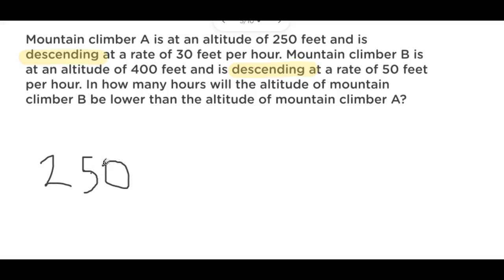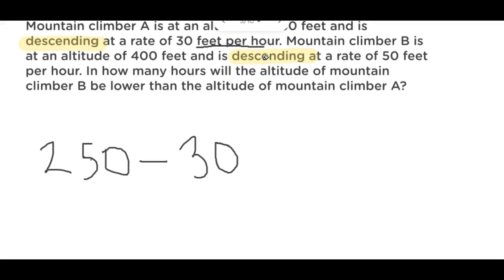250. And he's descending. What does that mean? Is he going up? Nope. Not if he's descending. He's going down. That means we're going to subtract, and it says at a rate of 30 feet per hour. Right now I'm just going to underline this per hour.